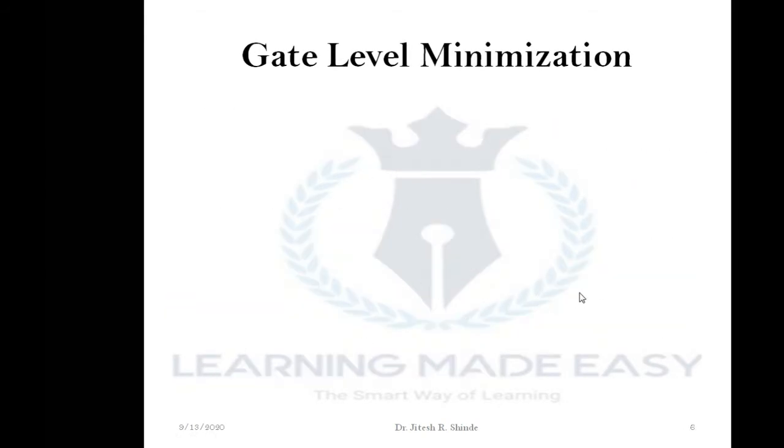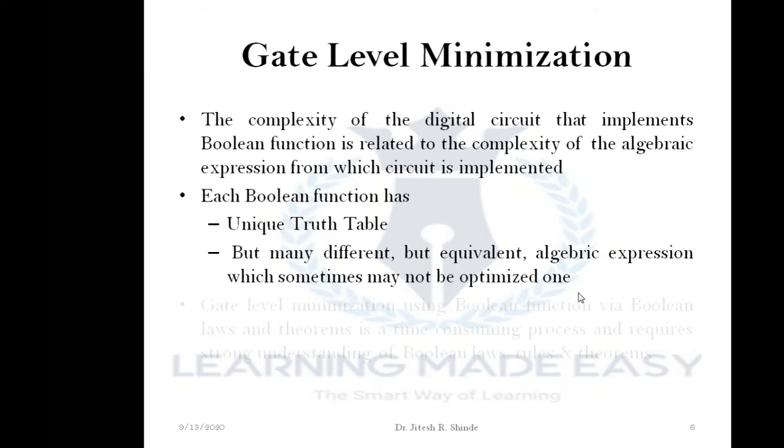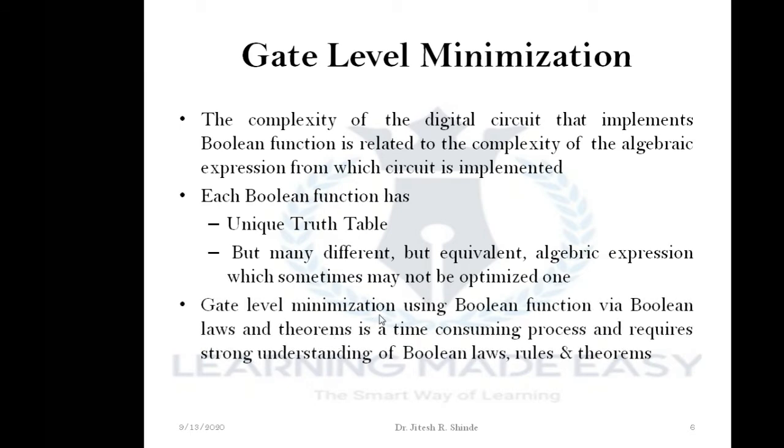Gate level minimization of a Boolean function via Boolean laws and theorems is a time consuming process. Simply, if the number of variables is up to 3 or 4, I can think of minimizing the circuitry using Boolean concepts.